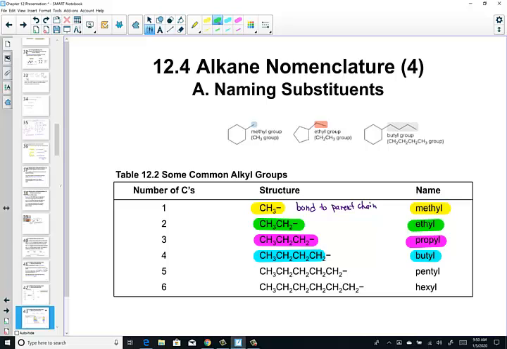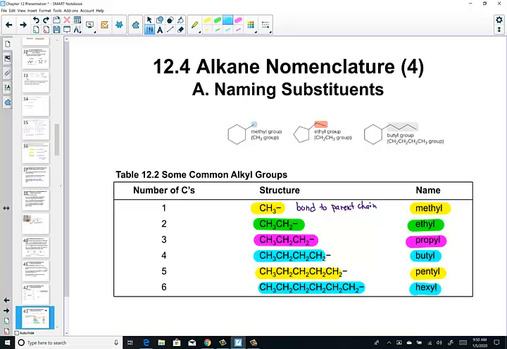If you see five carbons, 1, 2, 3, 4, 5, and then a dash to represent the bond going back to the parent, that's a pentyl. And of course we'll end here with hexyl, six carbons in a row ending with a dash to represent the bond going back to the parent chain.